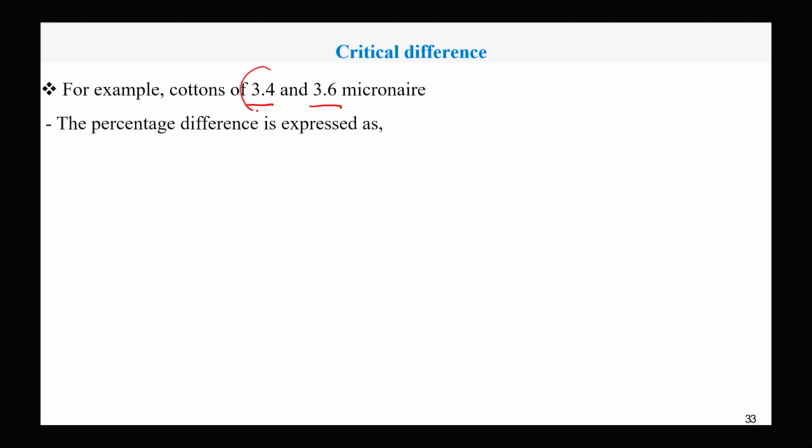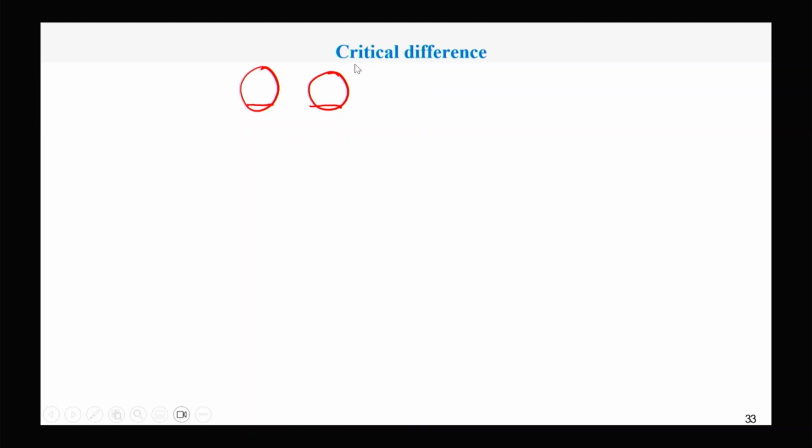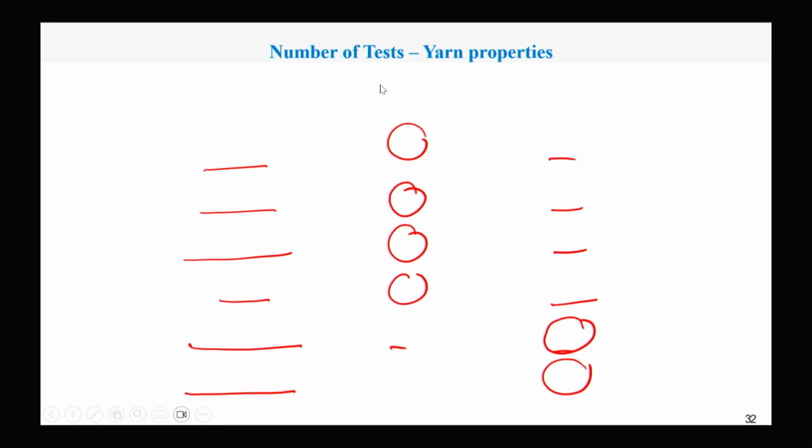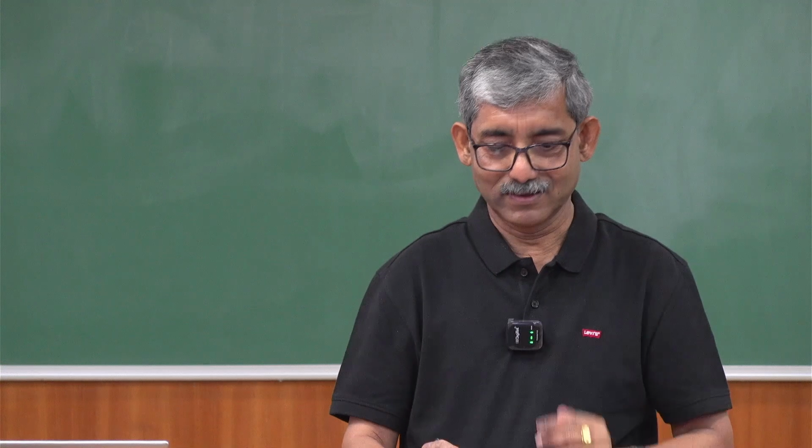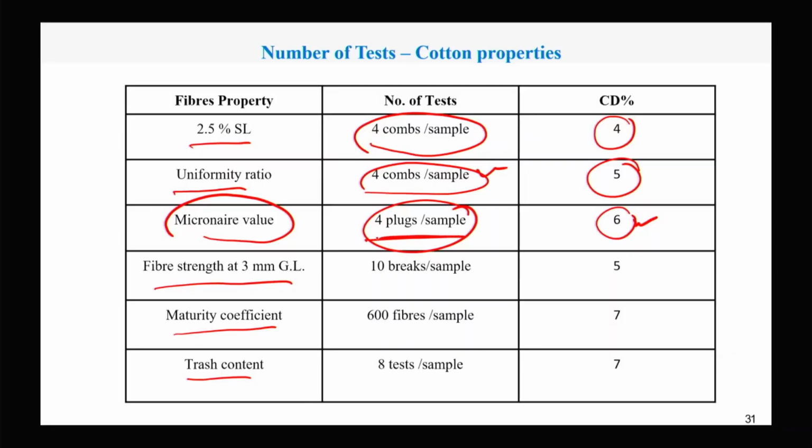One is 3.4 micronaire, another is 3.6 micronaire. Let us go back to the table. For micronaire value, the critical difference is 6, the standard value, with 4 plugs, meaning 4 tests you have to do.